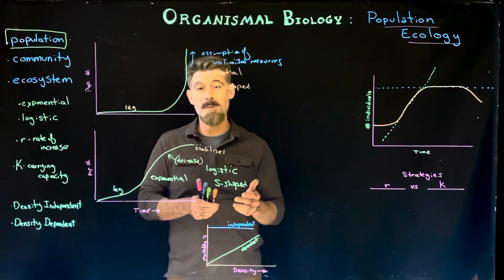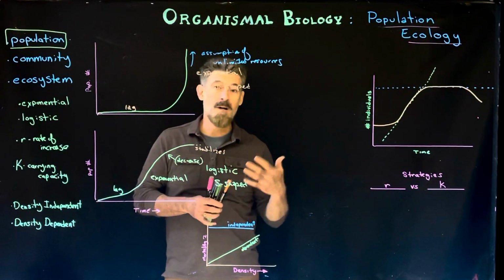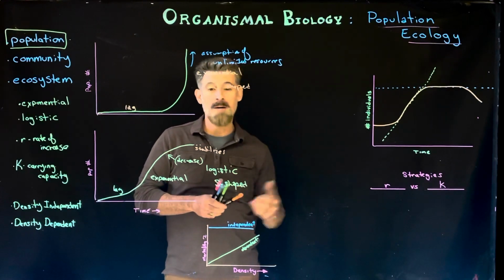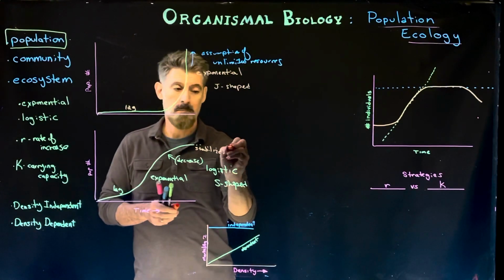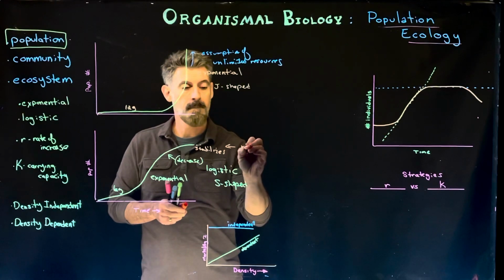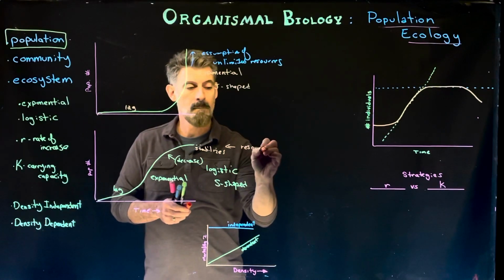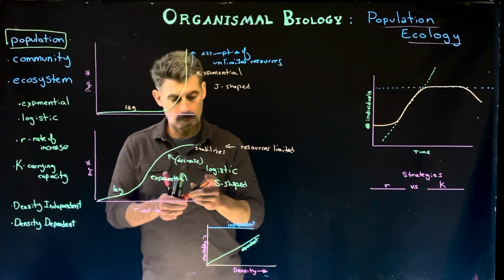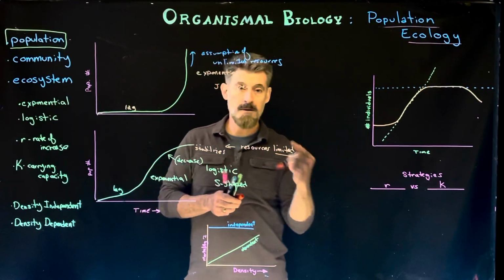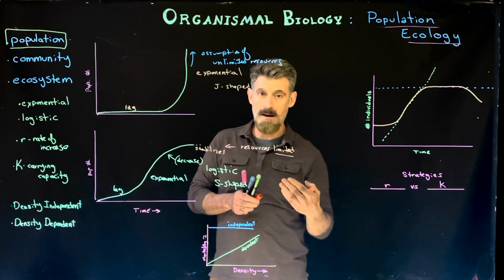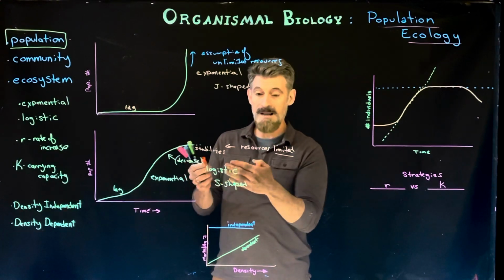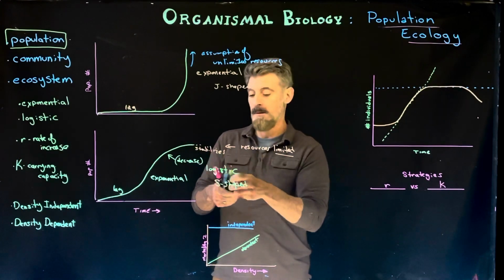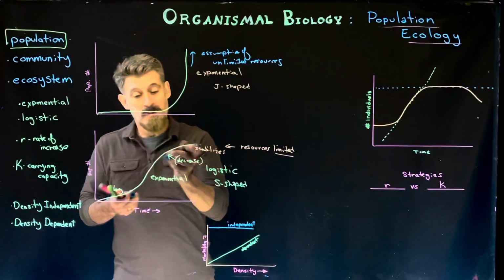So why does it stabilize? It's generally stabilizing because resources have become limited, typically. I say limited, meaning that they're still available. There's only a certain amount to support a certain size population, which has a specific term.